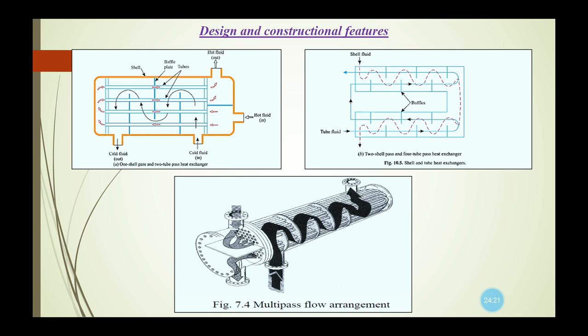This concept of Reynolds number is already known to us. Increasing the Reynolds number results in increased turbulence, which also increases the Nusselt number, and ultimately it leads to the increment of the convection coefficient.